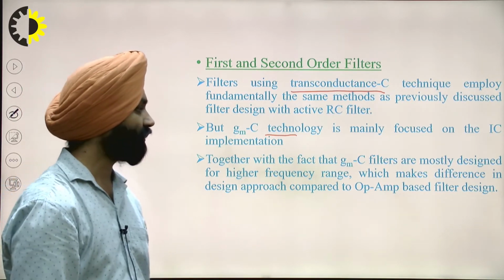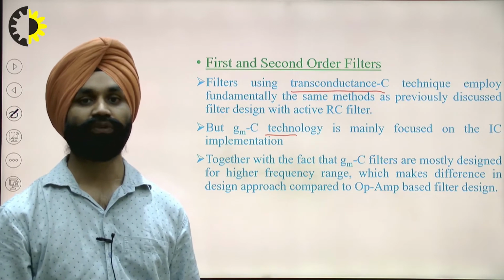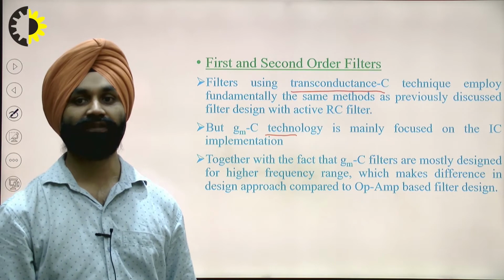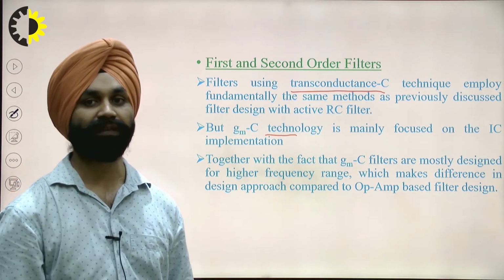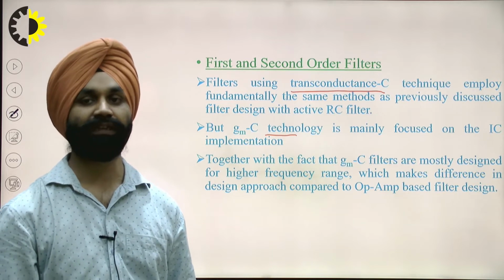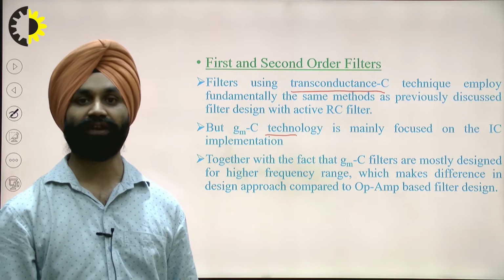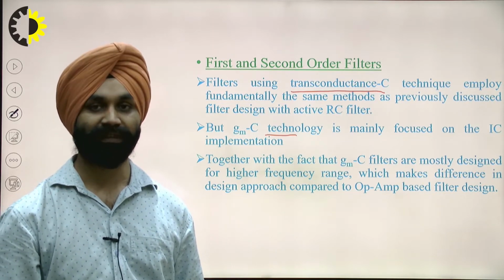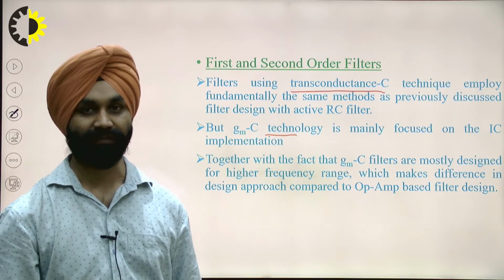This GmC technology is mainly used for the higher order frequency range, which makes a difference in the design approach compared to the op-amp based filter design. Basically, the design will be more compact and we can create higher order, higher frequency filters with lesser space which is required in IC implementation.